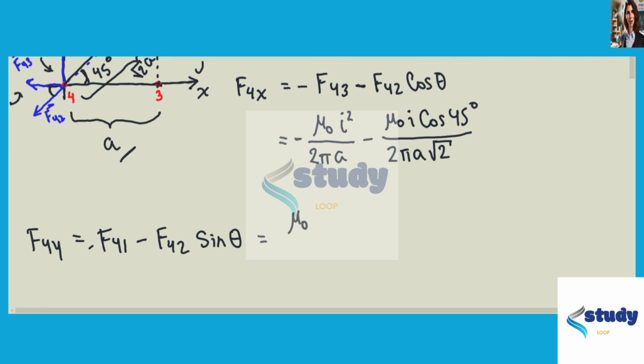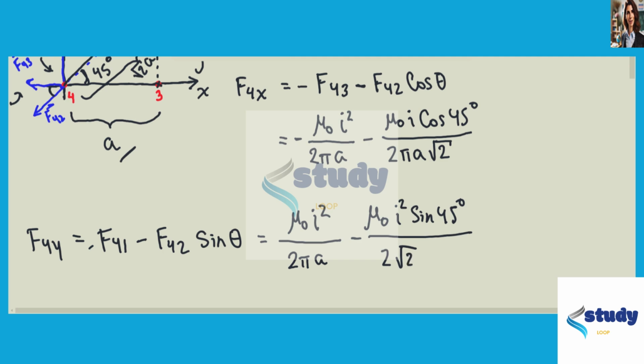So in this first case it is mu sub 0 I squared, and the distance to wire 1 is also a, so it's 2 pi a, minus the one from the wire 2, and this is here. So we sum this.